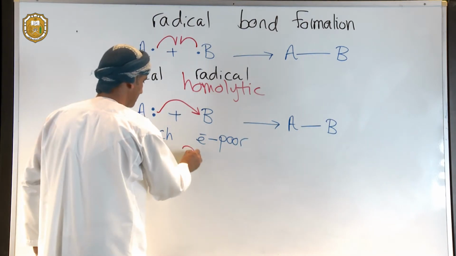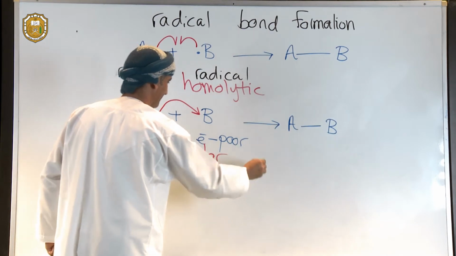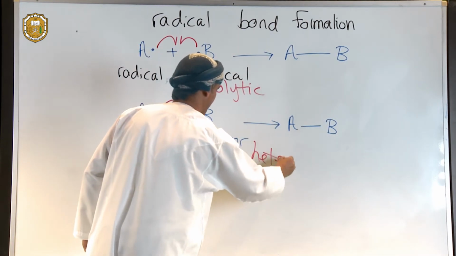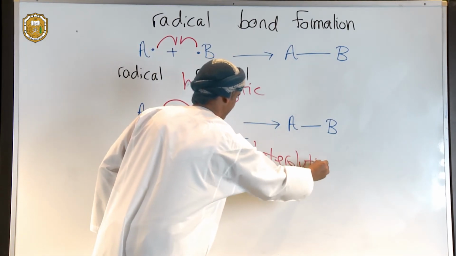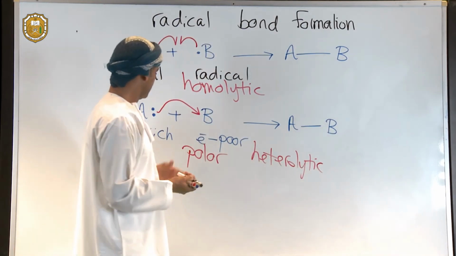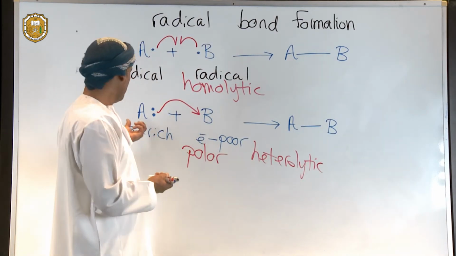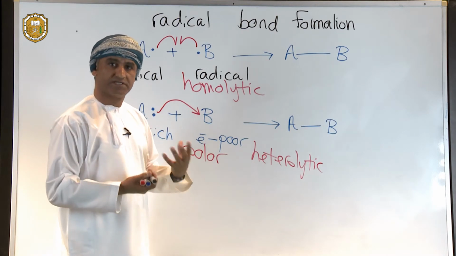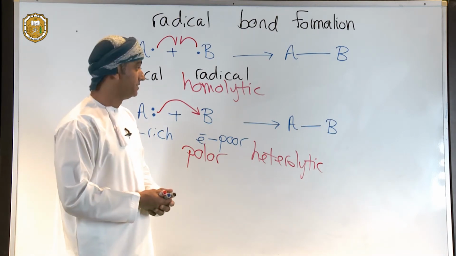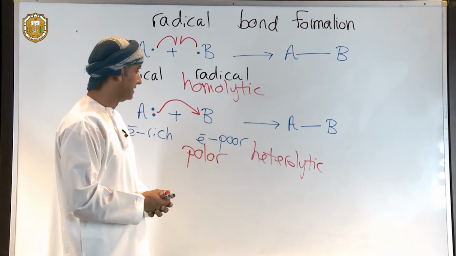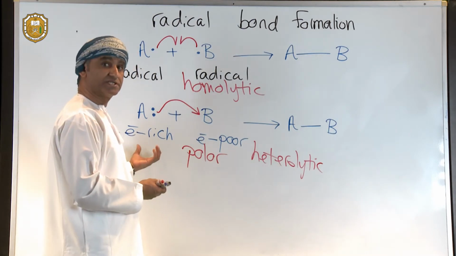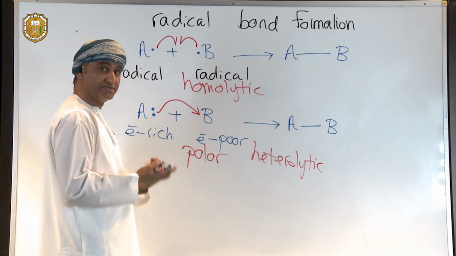So these reactions are polar. They are also heterolytic. The two electrons that have transferred from A to B constitute a covalent bond between A and B. Now, this is the electron-rich site, or the site that has the electron density.